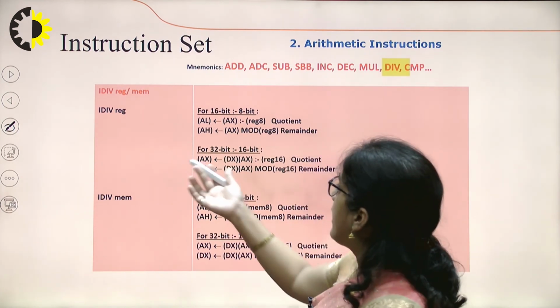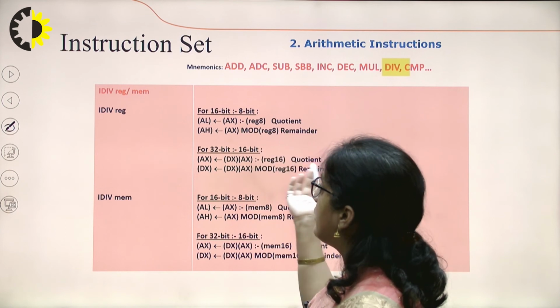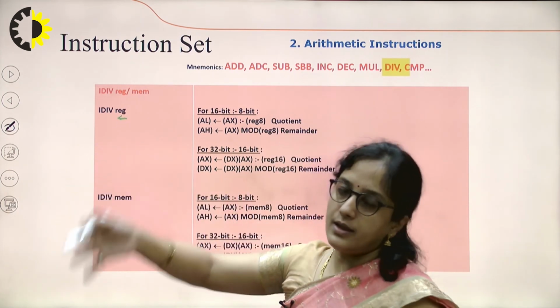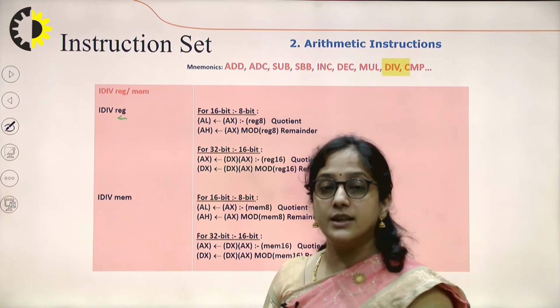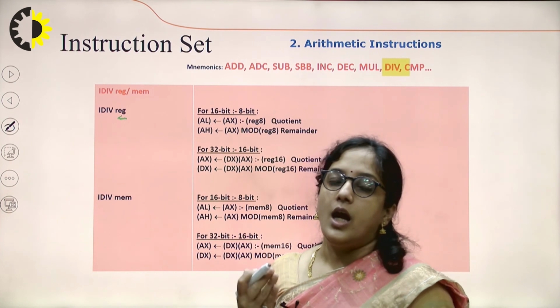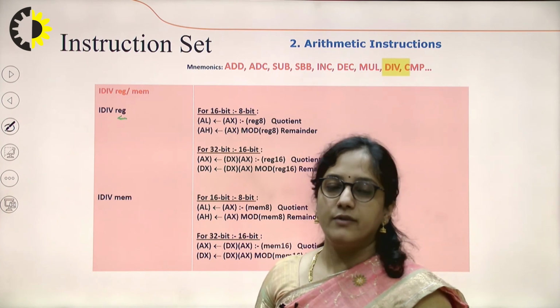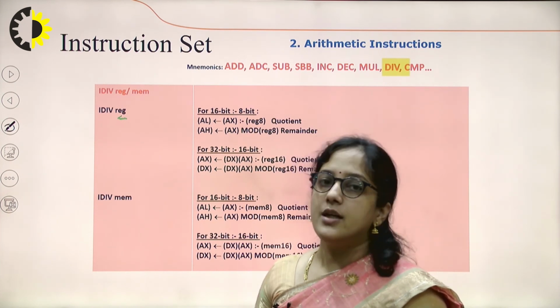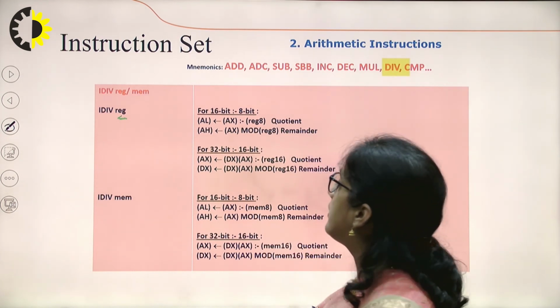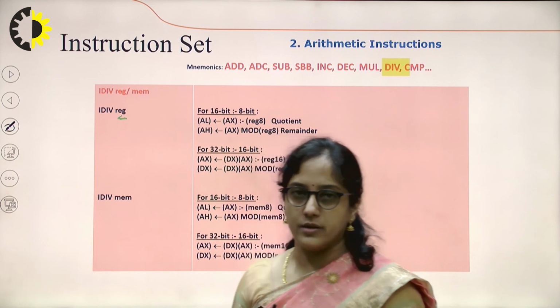In case of signed, again the microprocessor will do the same thing. If we specify an 8-bit register, then it is 8-bit division, the 16-bit dividend in AX, and the register we specify is considered the divisor. The quotient is stored in the AL register, and the remainder will be stored in the AH register.